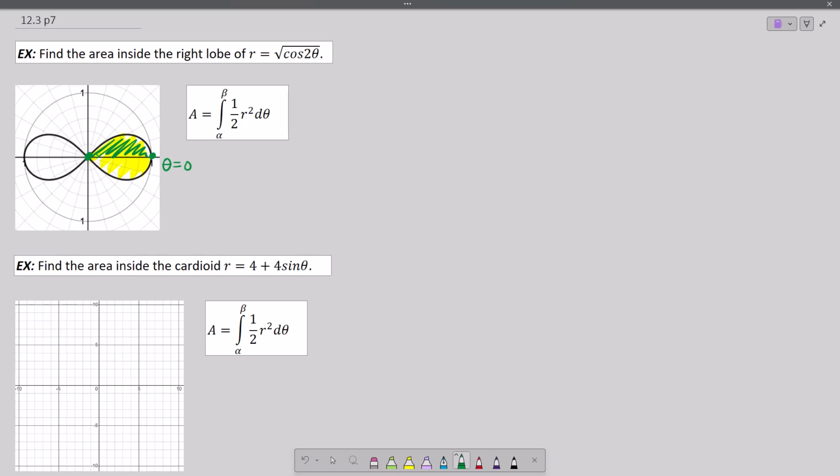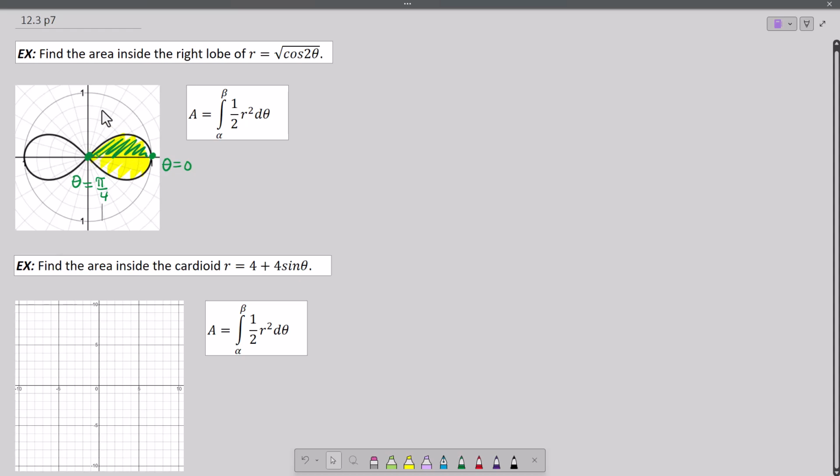Do you see there's the pi over 4 radial line right there? We can confirm this if we go into Desmos, put in this function and graph from 0 to pi over 4. We'll get the top half of that eyeball thing. And if you start going between pi over 4 and pi over 2, you are not going to get any points on this graph. So 0 to pi over 4 is going to graph this thing right there.